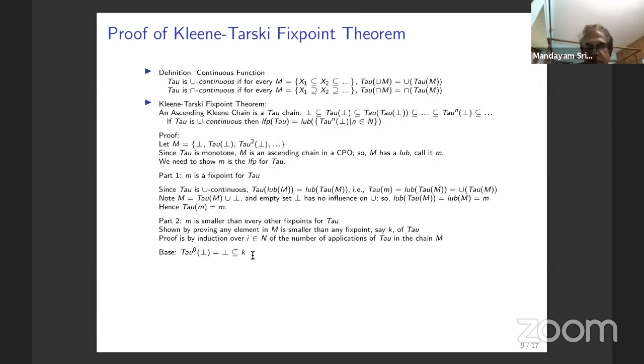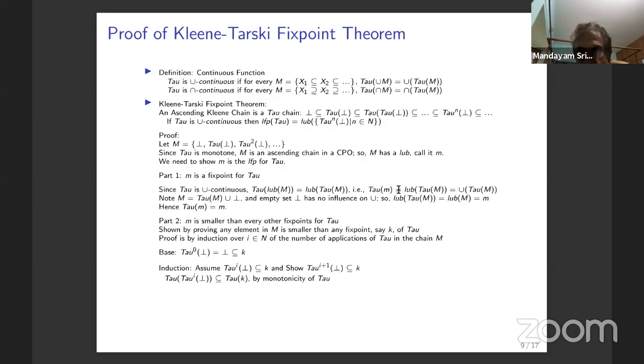In particular, it is less than or equal to K. The induction step is to assume tau to the I of bottom is less than or equal to K, for some I, and we have to show that one additional application still keeps it less than or equal to K. And this is guaranteed by monotonicity.